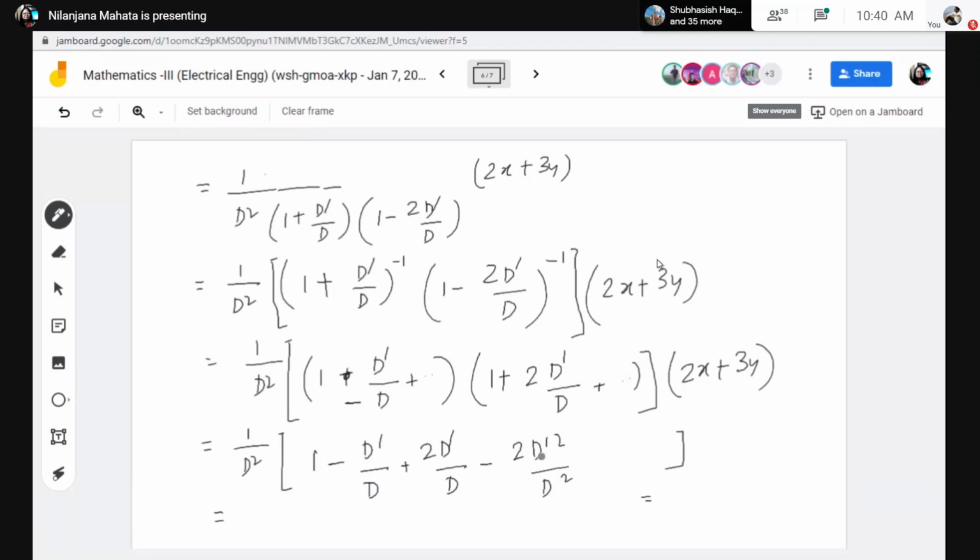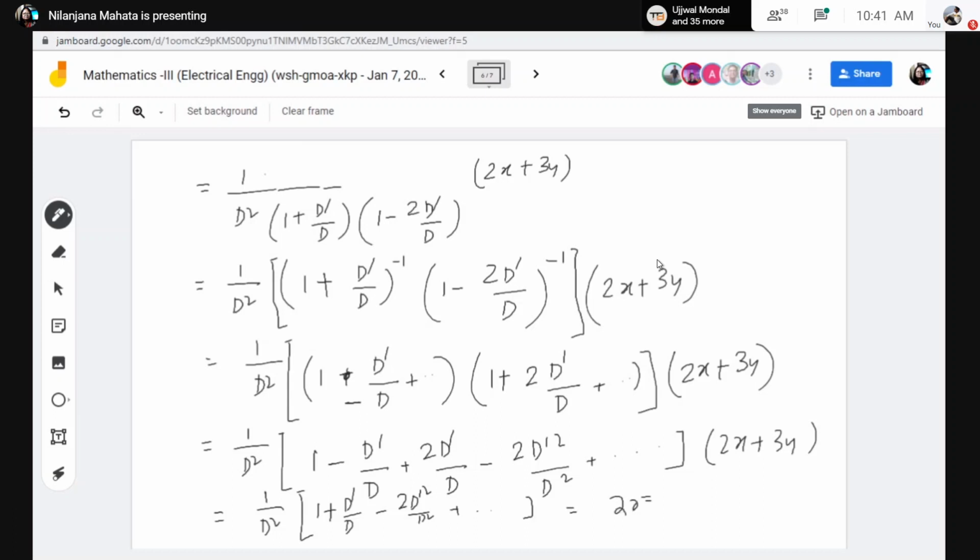We won't have this type of terms, so there will be 1 minus degrees. Okay. So 1 by d square. This will be 1 plus d dash by d minus 2 d square.